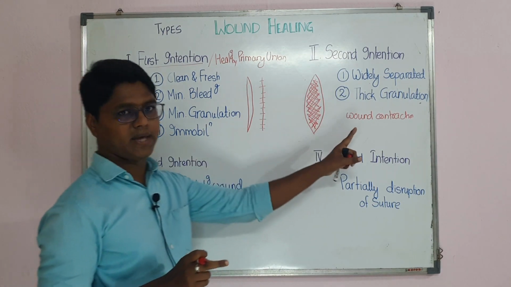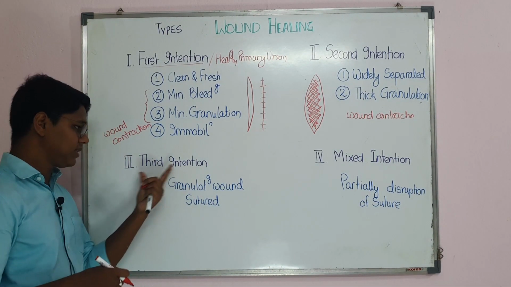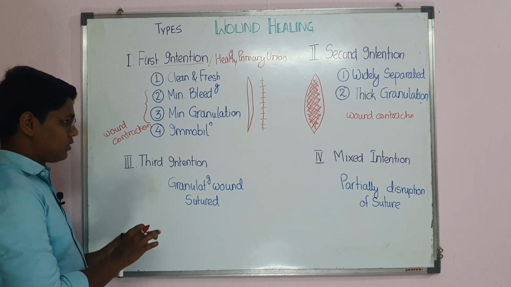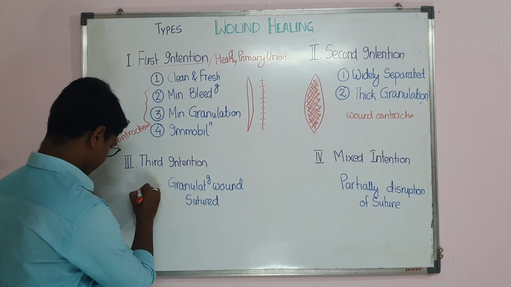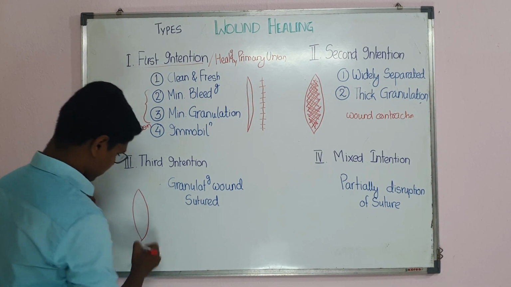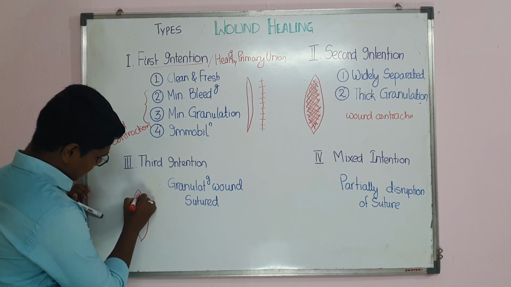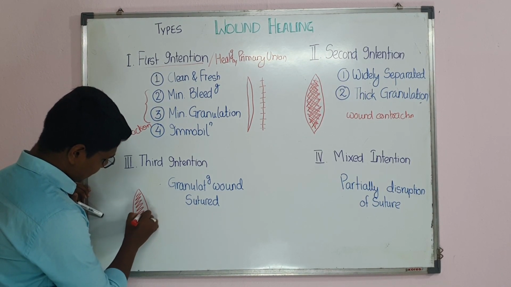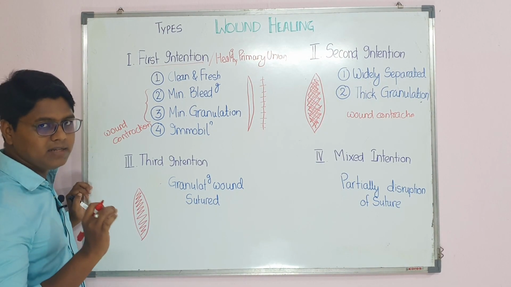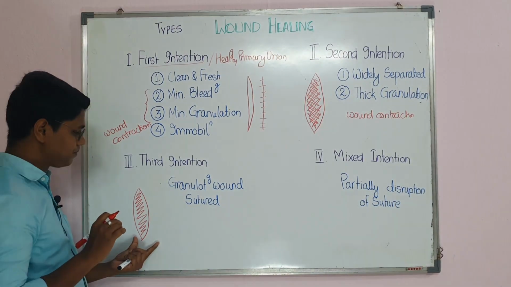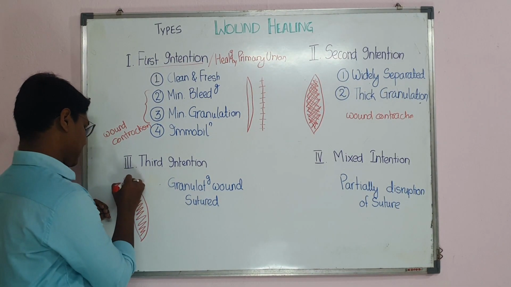These two are the main types. Now, the third intention healing. Suppose imagine there is a wound. Suppose there is a formation of very thin granulation tissue, or this wound is in the early phase of granulation tissue. If you leave it like this, it will heal under secondary intention.